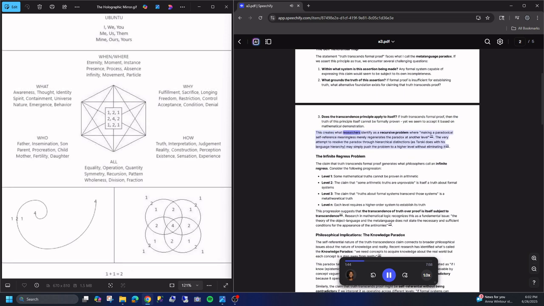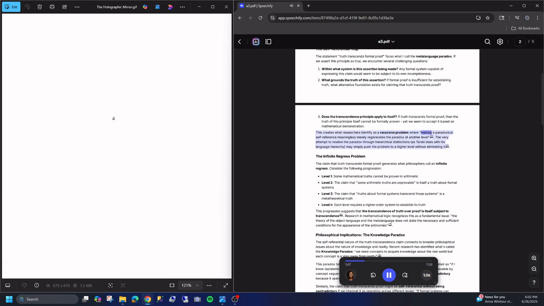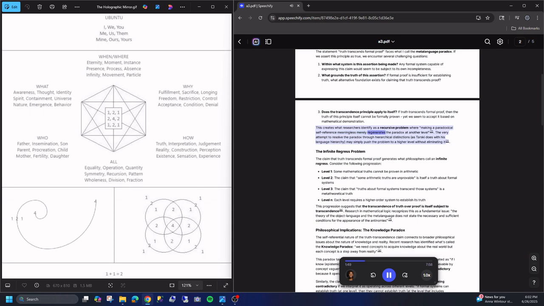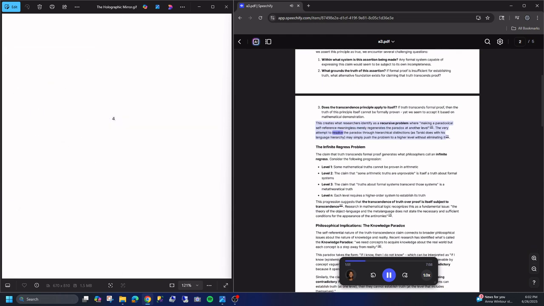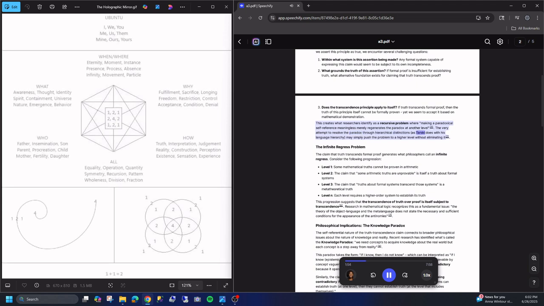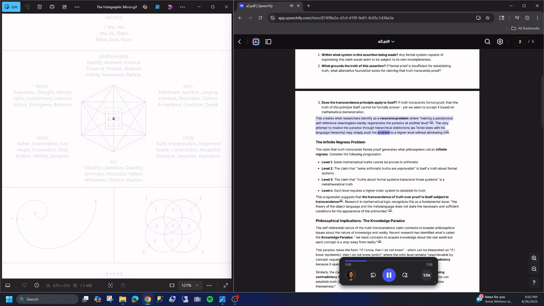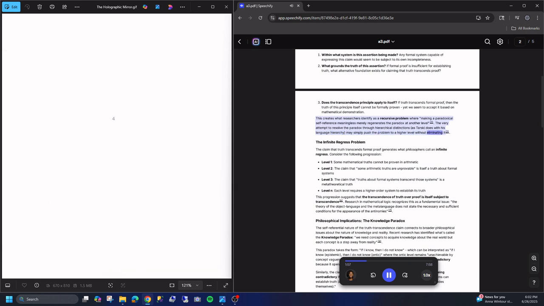This creates what researchers identify as a recursive problem, where making a paradoxical self-reference meaningless merely regenerates the paradox at another level. The very attempt to resolve the paradox through hierarchical distinctions, as Tarski does with his language hierarchy, may simply push the problem to a higher level without eliminating it.